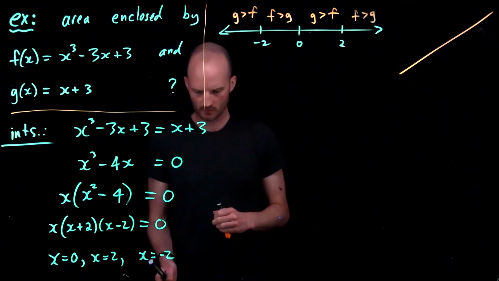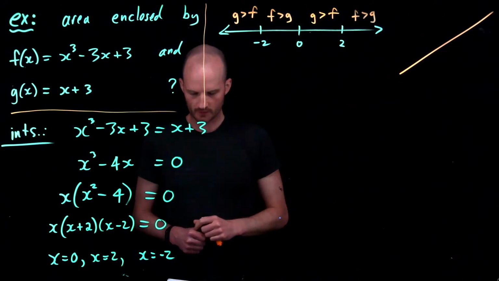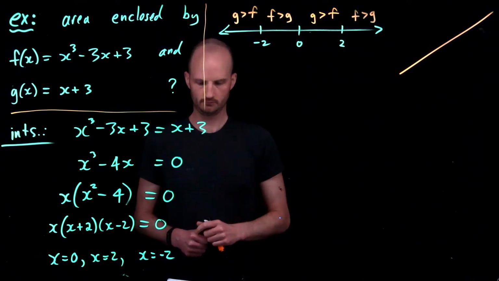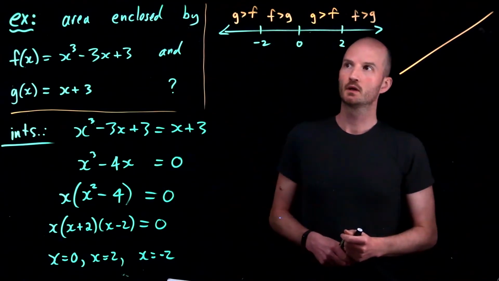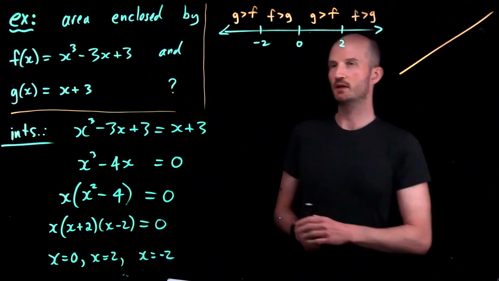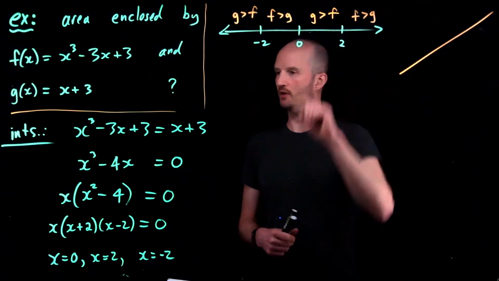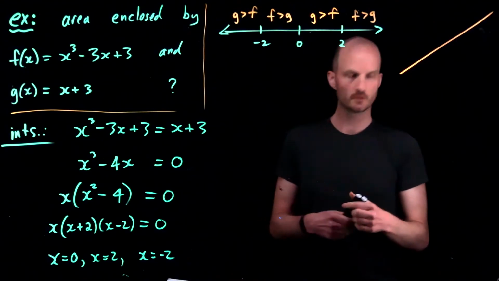Okay, so what have I found? I have found that, just checking here, yes, G is bigger than f, then it's smaller than f, and then it's bigger than f again, so G is a straight line. So it looks something like this.